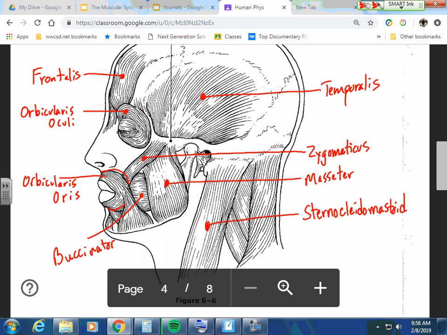And it's telling all the things that it's attached to really. The sternum, the clavicle, and what's called the mastoid process back here on the skull. All right, sternocleidomastoid. I think I got them all. Is everybody good with those?